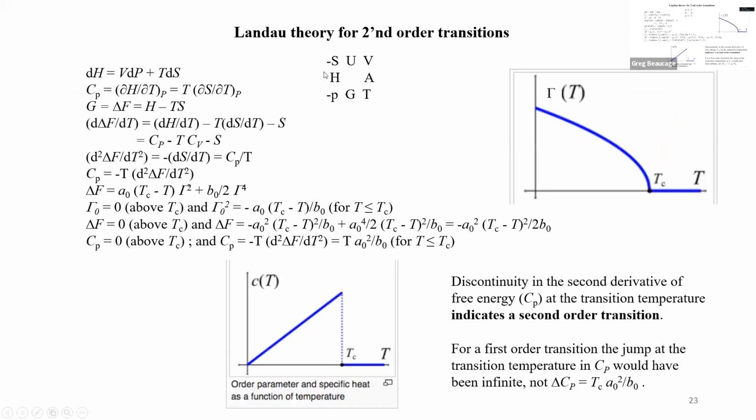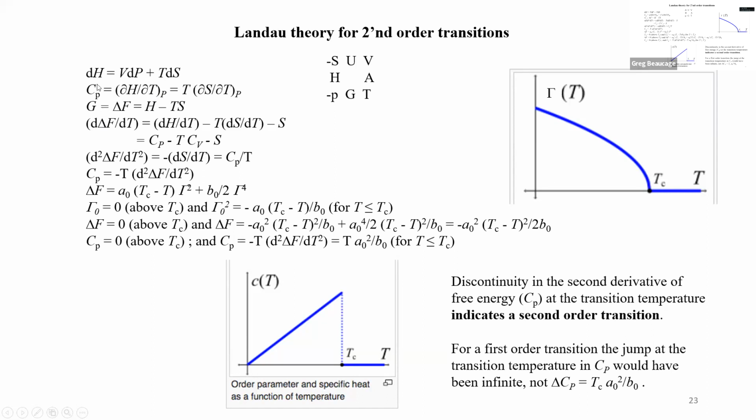So basically, you can get dH is VdP plus TdS. Right, so that's our fundamental equation. And then Cp is going to be dH/dT at constant P, so it's going to be T dS/dT at constant P, because the constant P drops that term out. And so you have the S term defined in terms of Cp.